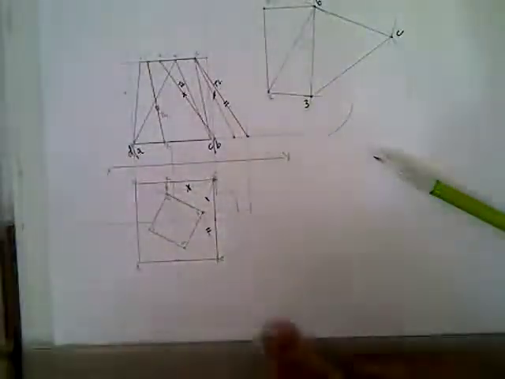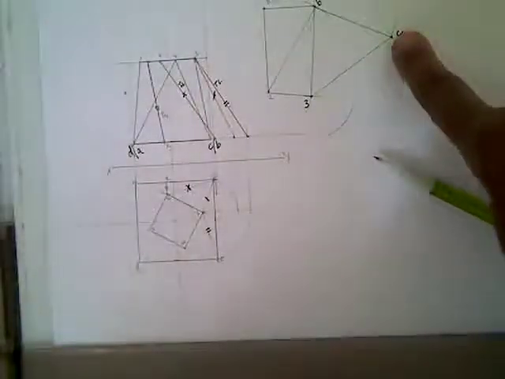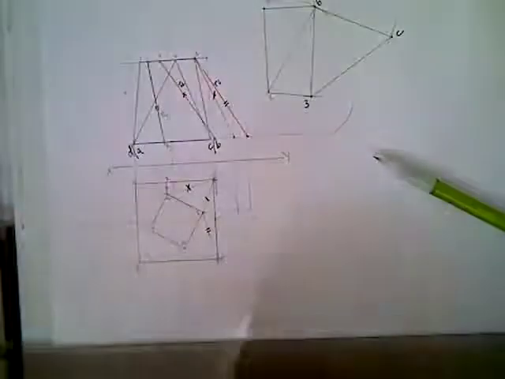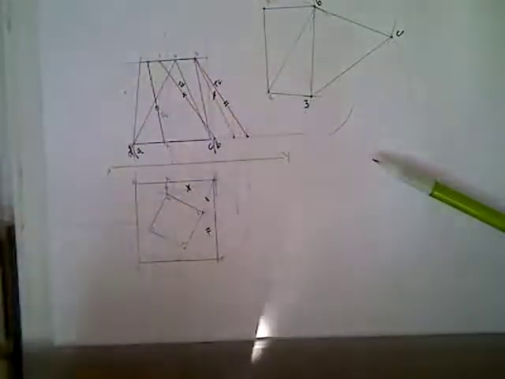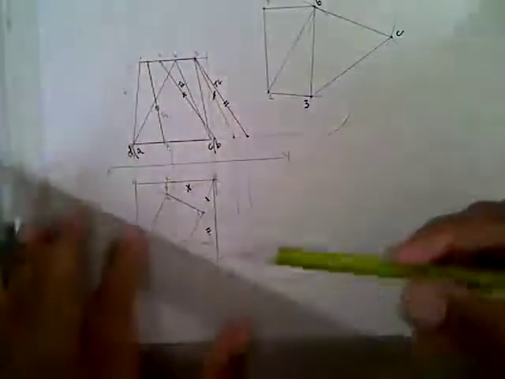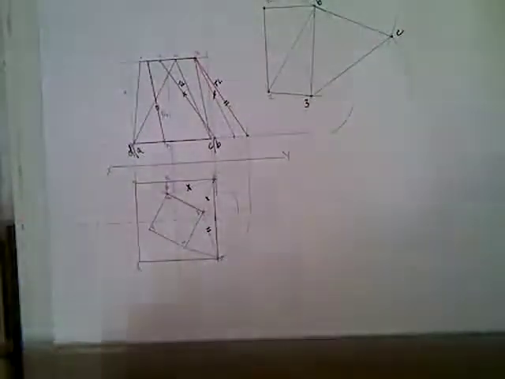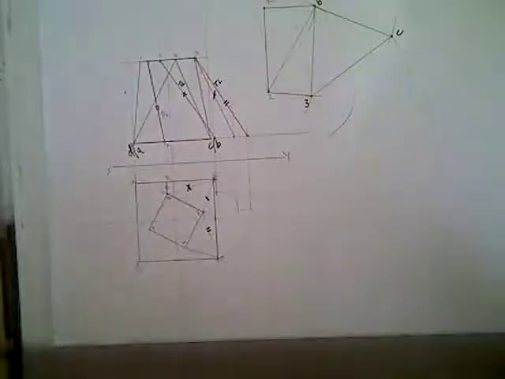Now we need to move from C to 4. So let's construct a fold line there, from C to 4. That will be a C to 4 fold line.